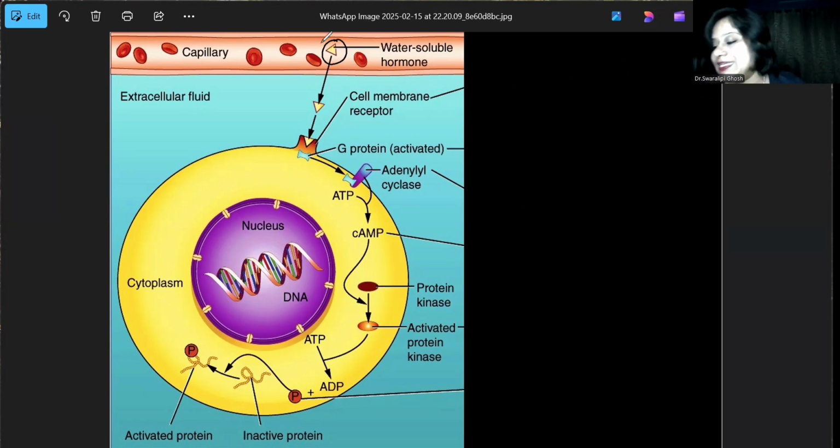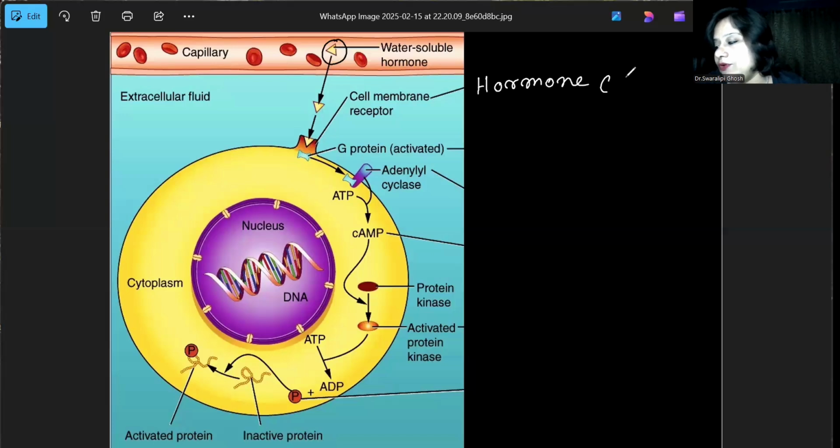So here we can see the cell membrane where the receptor is present, and this water soluble hormone is getting associated with the receptor, and it is forming a hormone receptor complex.